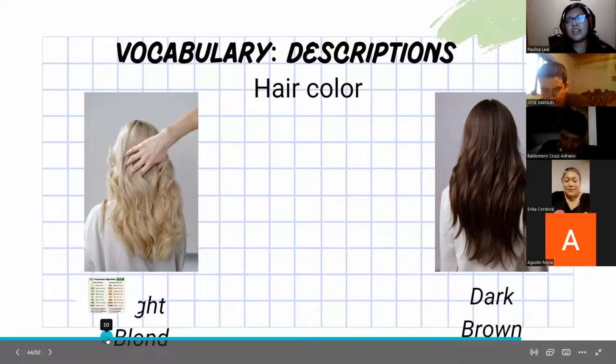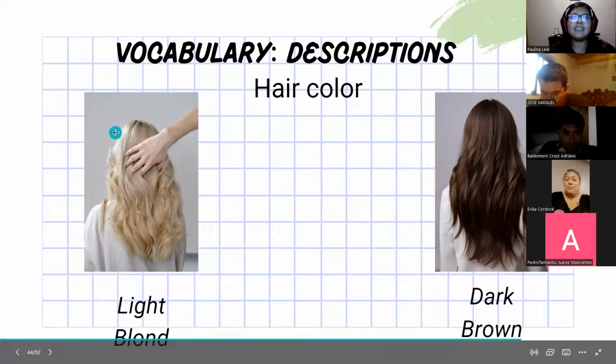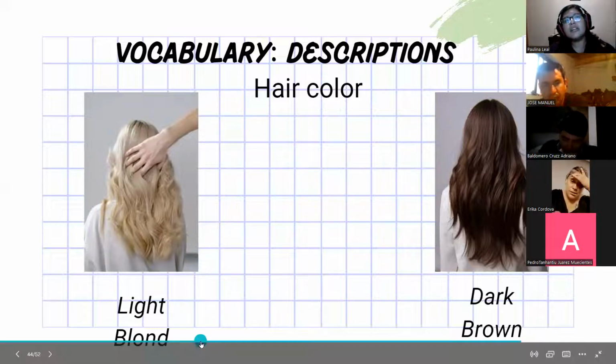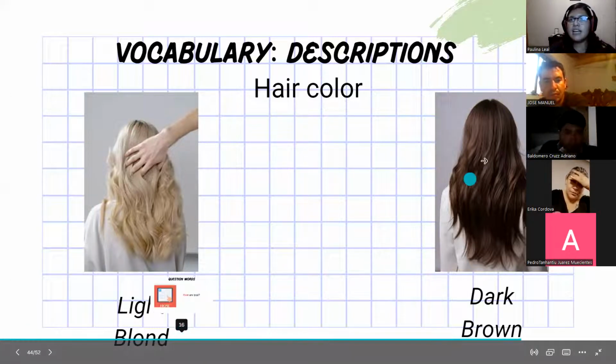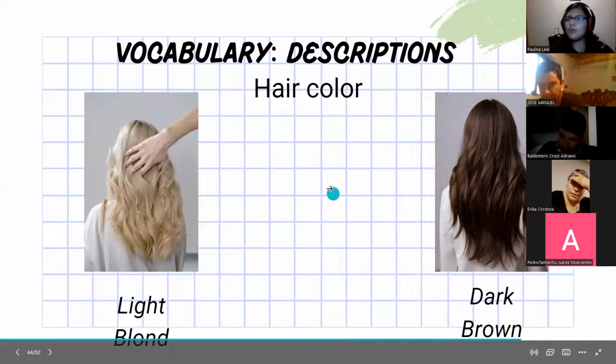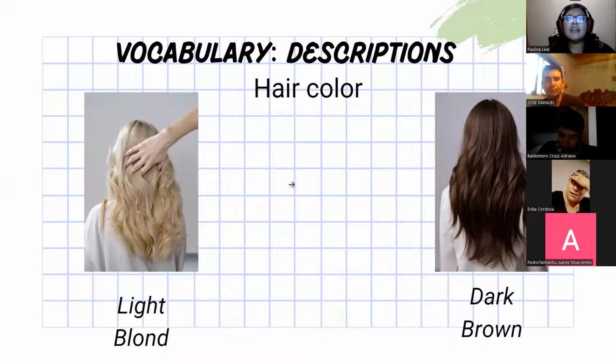So this word here, that's rubio, blonde. So in this case, this lady has light hair or she has blonde hair. This lady has dark hair or she has brown hair. It's up to you. Depende de cómo lo quieran describir ustedes.